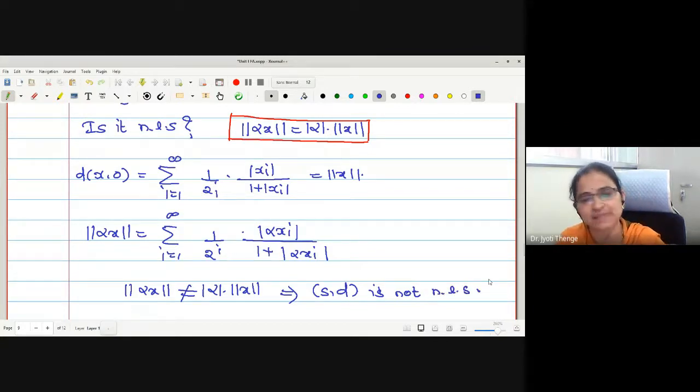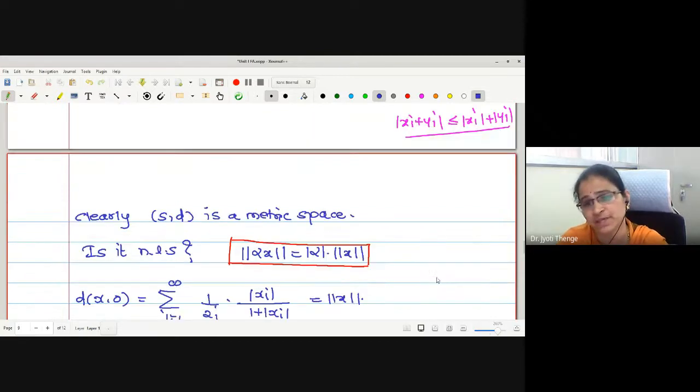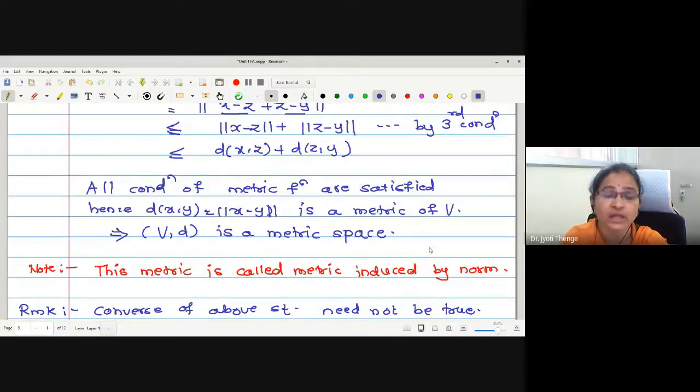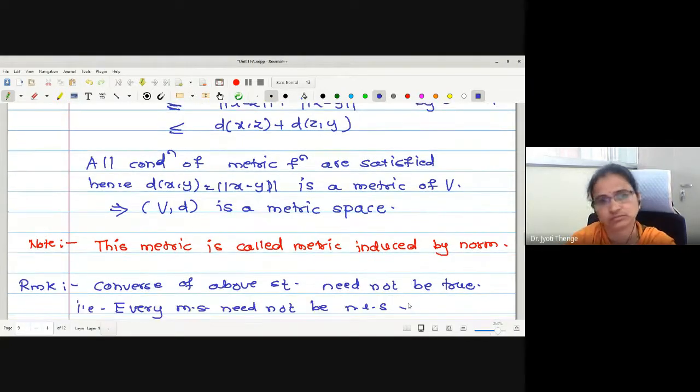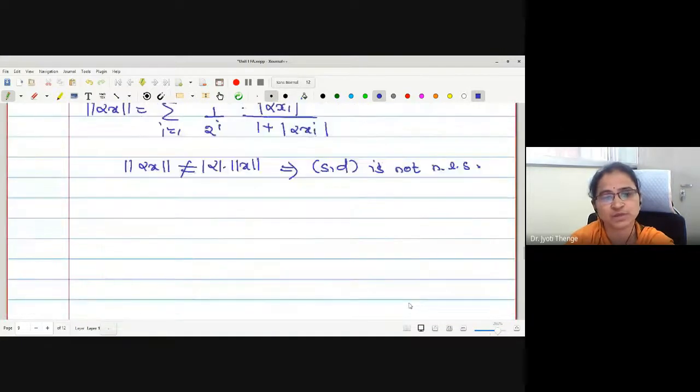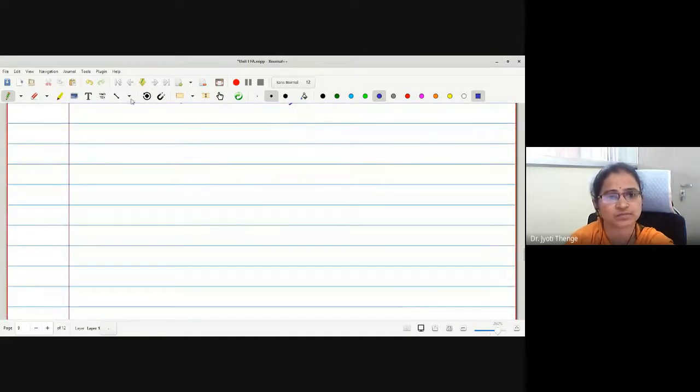We have seen one example in which a metric space is not a normed linear space, but by theorem we have proved that every normed linear space is a metric space. Now my question is, which space is bigger? Metric space is bigger or normed linear space is bigger?